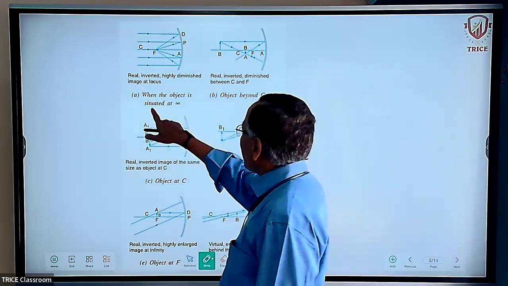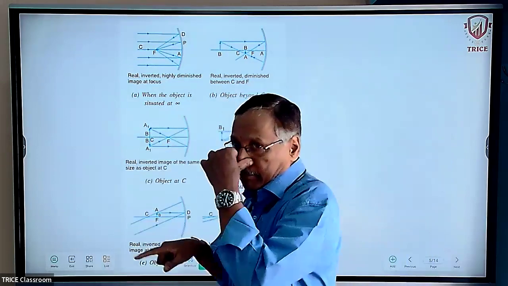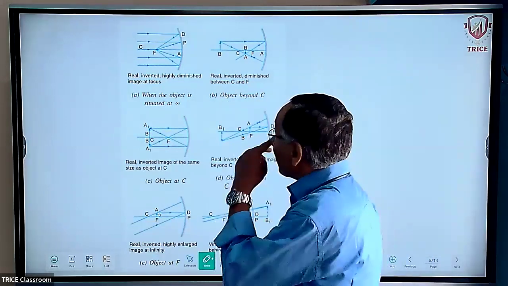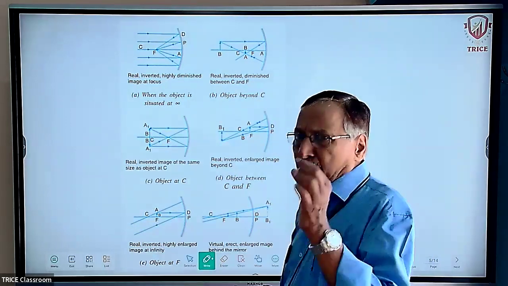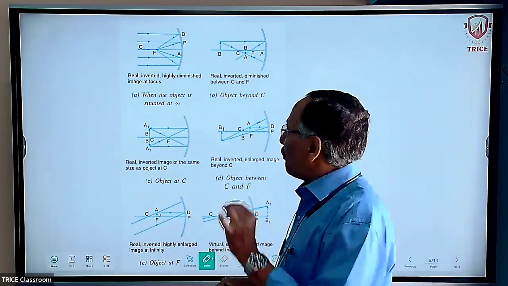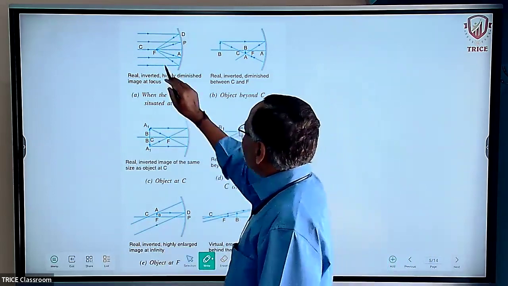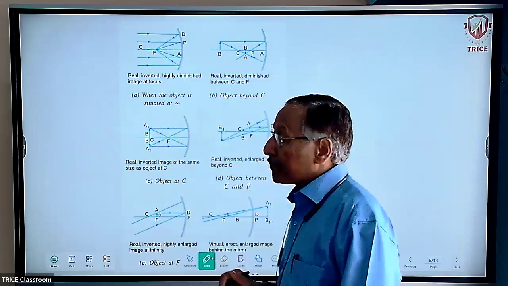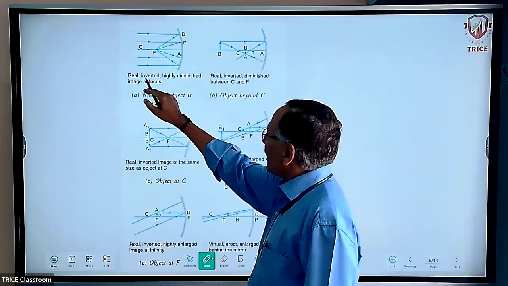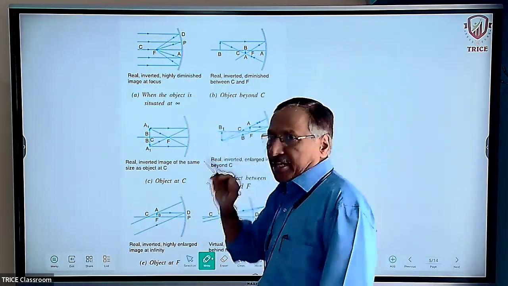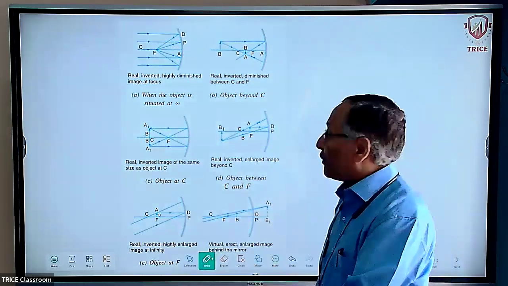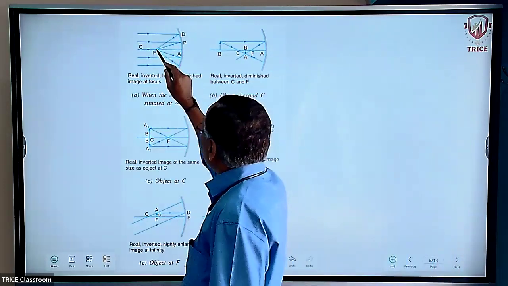When the object is at infinity, you get a point size image at the principal focus, which is real, inverted, highly diminished, very, very small, very tiny image formed at the principal focus.